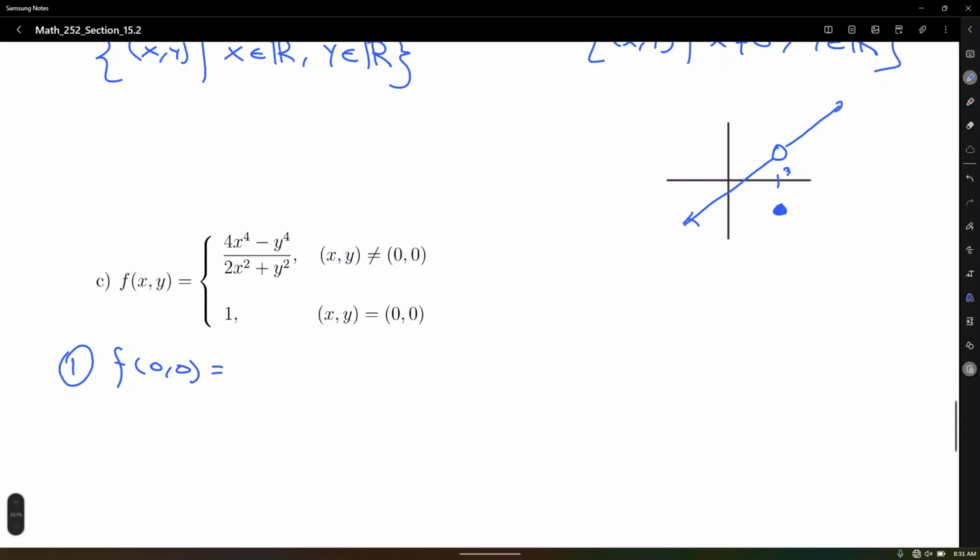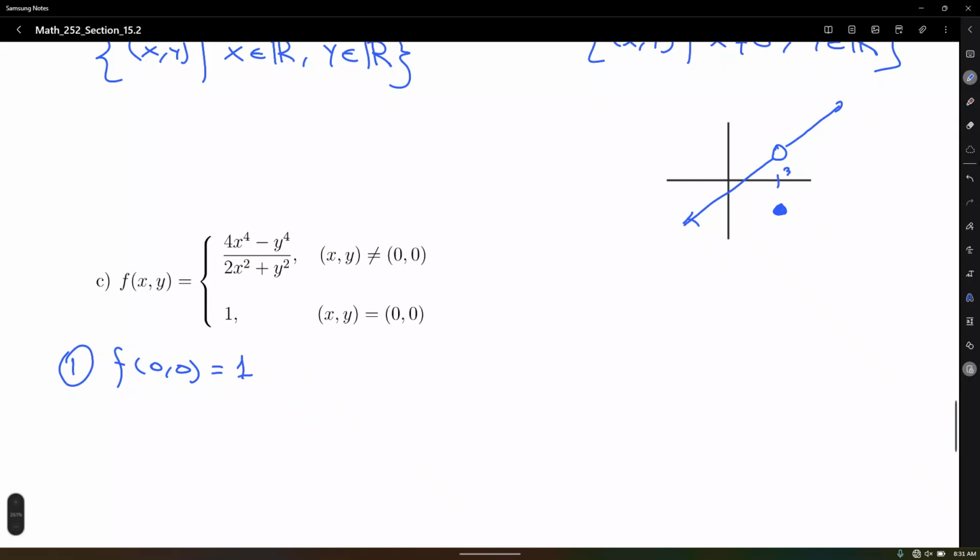From the piecewise function, I cannot substitute 0, 0 in the first part because, look at this condition, it's forbidden. It cannot be 0, 0. So I need to go through the second part of the piecewise function. They're telling us that for x, y equals 0, 0, the function value equals 1. So that's the first condition.